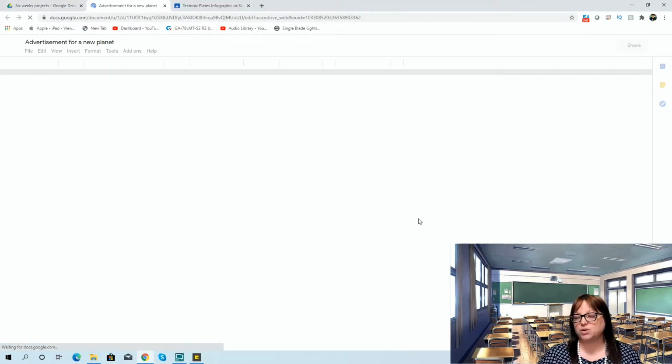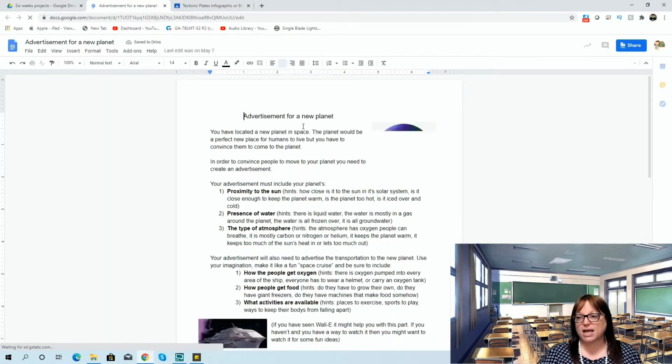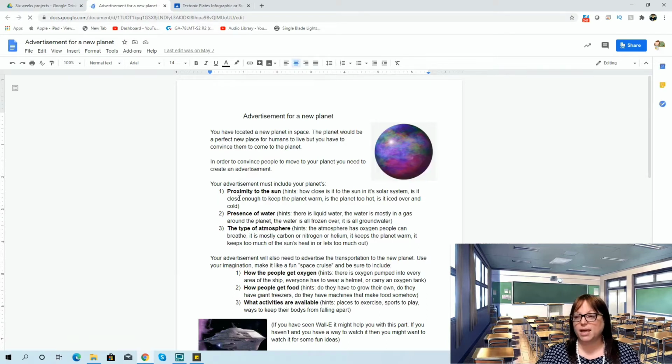Another one that we do when we get to space is an advertisement for a new planet. One of the things the 7th graders have to know is that proximity to the sun, presence of water, and type of atmosphere are important to humans to live on a planet. So they have to make their planet have these things that we would potentially need, and then they're going to be original.